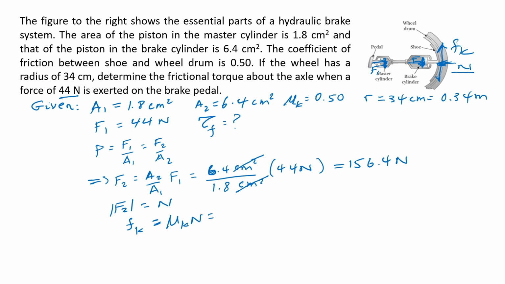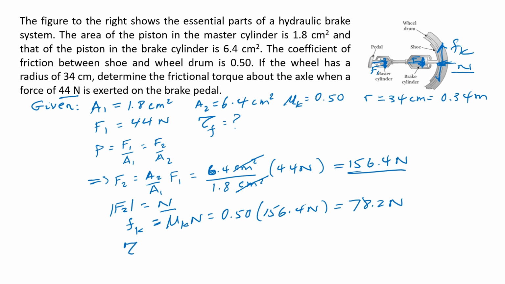Plug in the numbers. Mu sub k is 0.5, and the normal is 156.4. Therefore, the friction force is going to be 78.2 newtons.